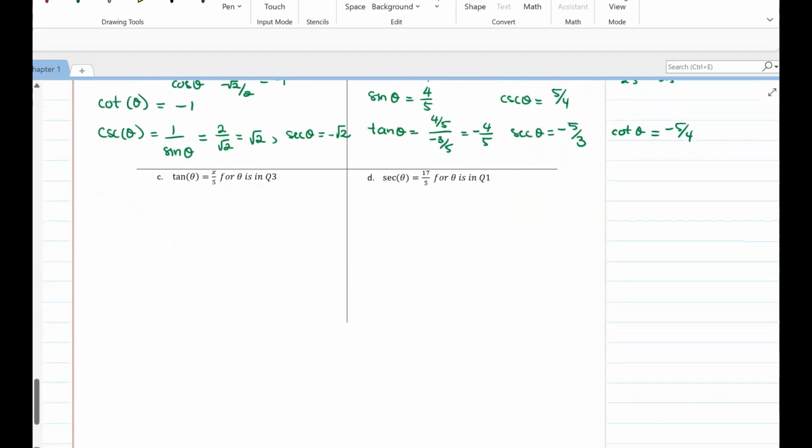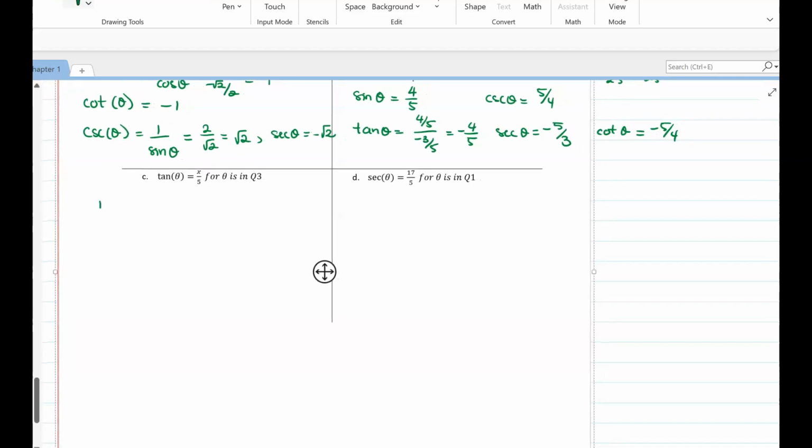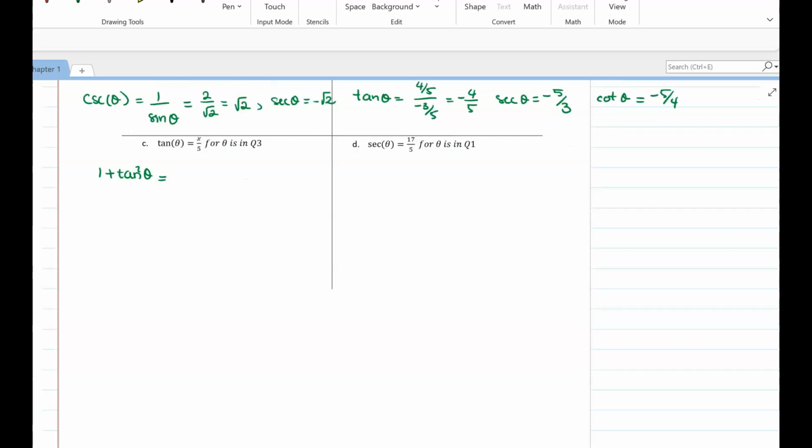For the next one, tangent of theta equals x over 5, for theta in quadrant 3. So we are given theta in quadrant 3, which means sine of theta and cosine of theta are both negative. We have one trigonometric identity that involves tangent. That is 1 plus tangent squared equals secant squared of theta.